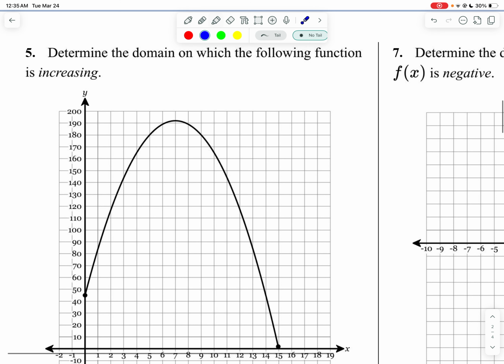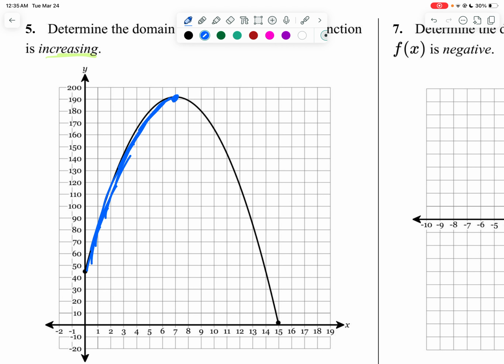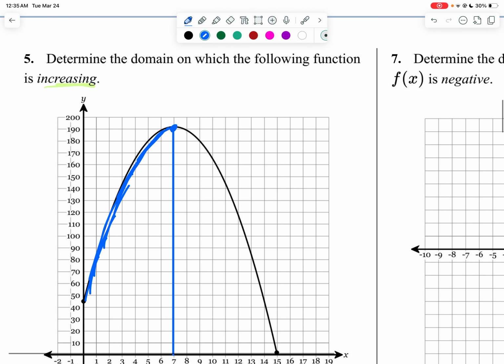For number 5, I'm going to ask you to find whether it's increasing or decreasing. So in this case, we are increasing, meaning that I'm going to go up. But remember that it's in terms of my x values. So I'm increasing from 0 all the way to 7. So 0 to 7.